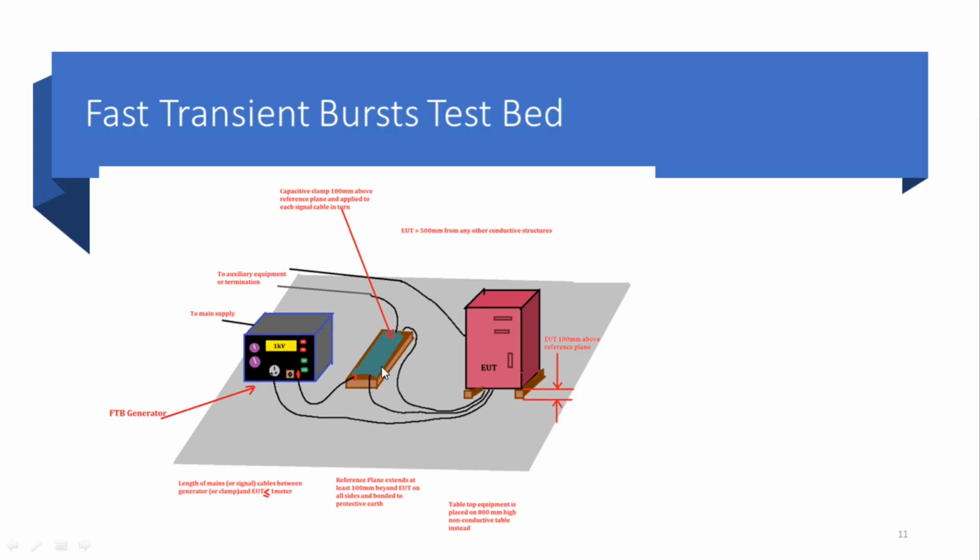Long cables should be coiled with 40 centimeter diameter, 10 centimeters above the ground plane. Note that this differs from the treatment prescribed for emission tests. It is wise to maintain a cable separation of at least 10 centimeters from the ground plane under all conditions and for all cables, not just the one being tested. The next is the capacitive clamp, which itself must be directly bonded to the ground plane.